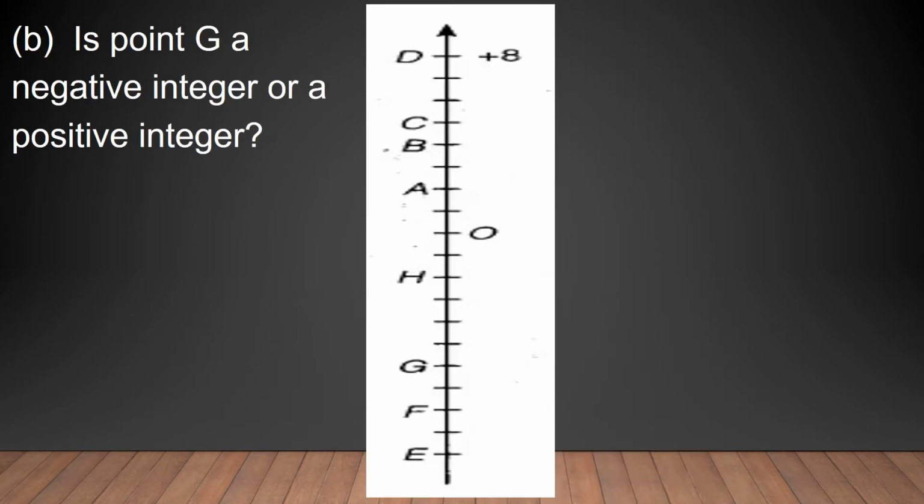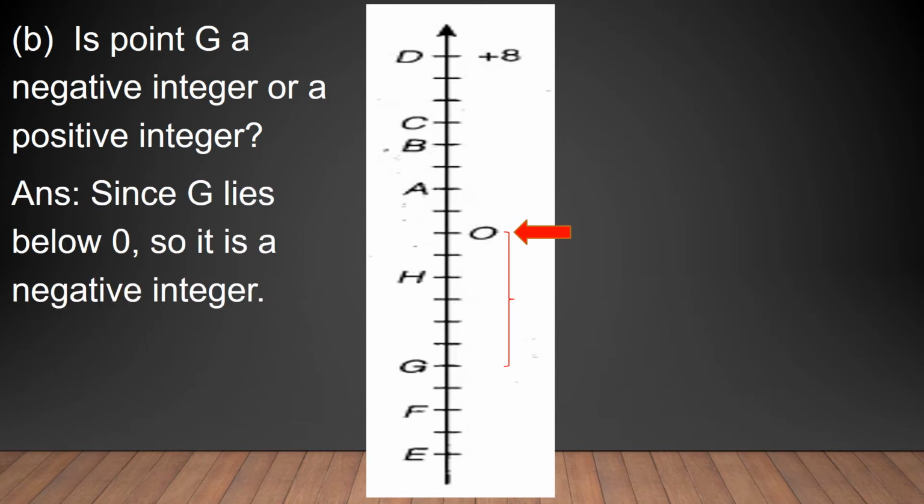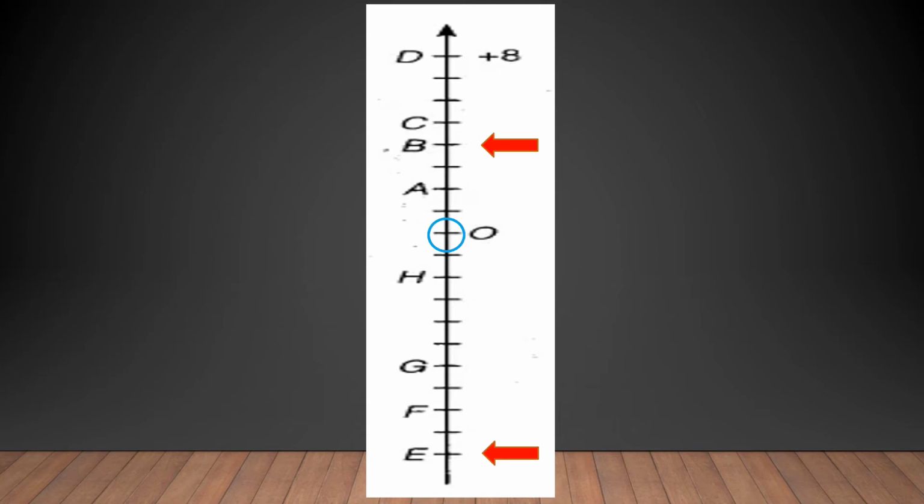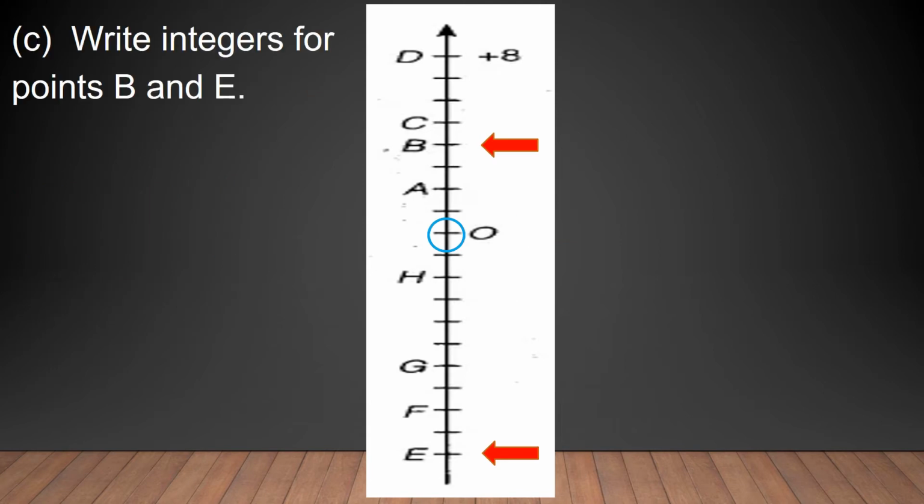Next part is point G a negative integer or a positive integer? So G lies below 0. So it is a negative integer. Next part is write integers for point B and E. Point B lies above 0 and we reach at point B by taking 4 jumps above 0.